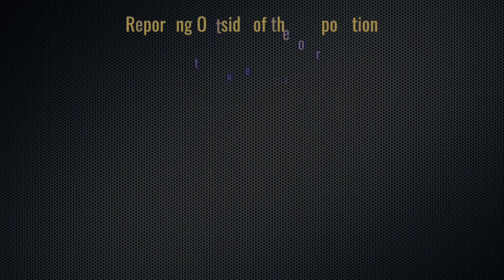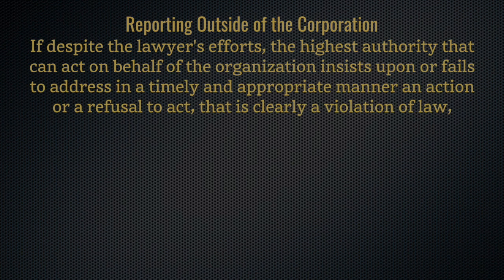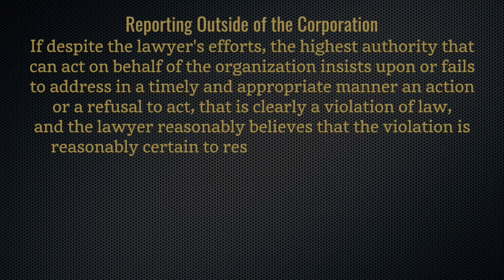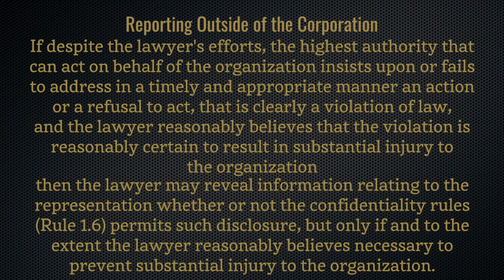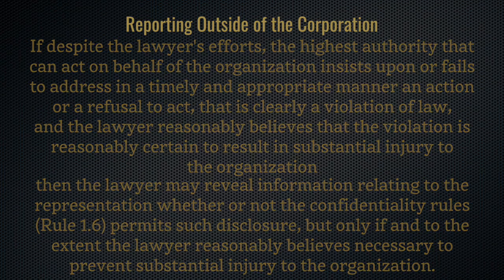Here the rule says that if, despite the lawyer's efforts, the highest authority that can act on behalf of the organization insists upon or fails to address in a timely and appropriate manner an action or a refusal to act that is clearly a violation of law, and the lawyer reasonably believes that the violation is reasonably certain to result in substantial injury to this organization, then the lawyer may reveal information relating to the representation, whether or not the confidentiality rule permits such disclosure, but only if and to the extent the lawyer reasonably believes necessary to prevent substantial injury to the organization.